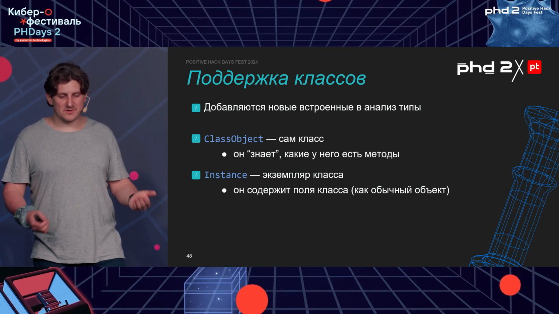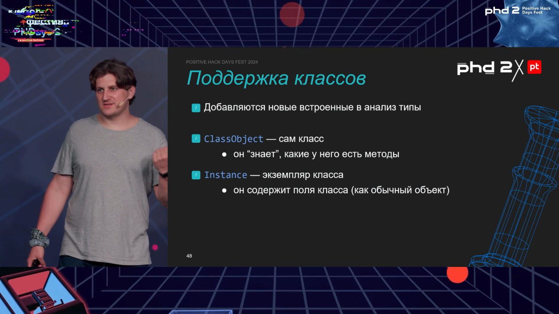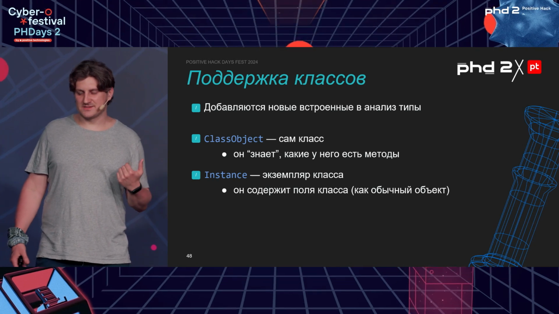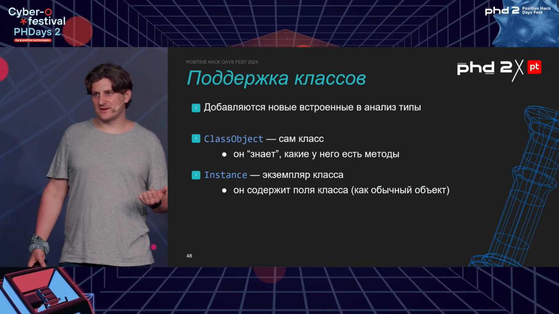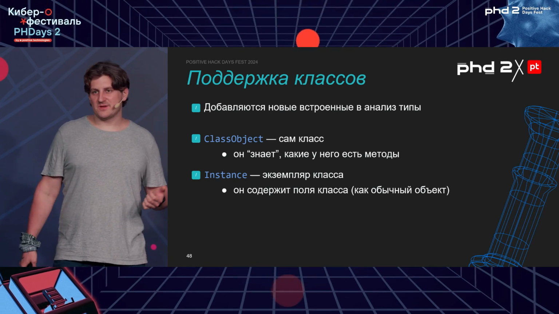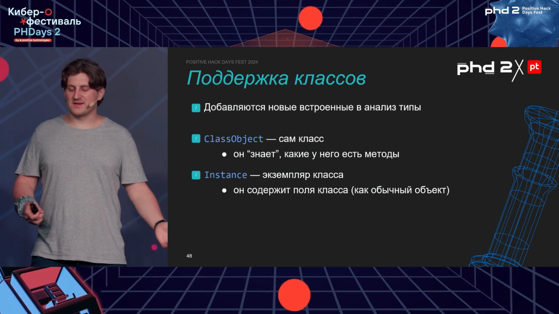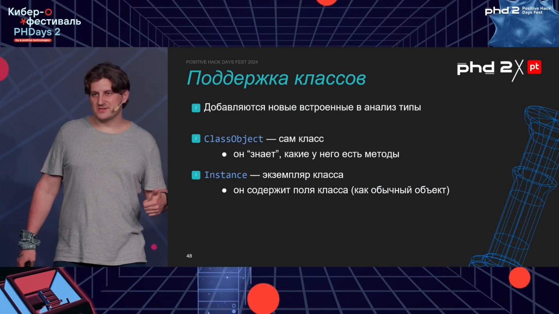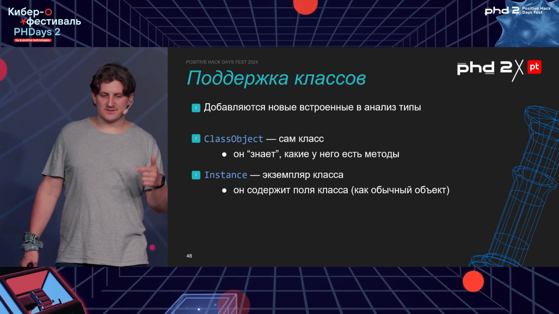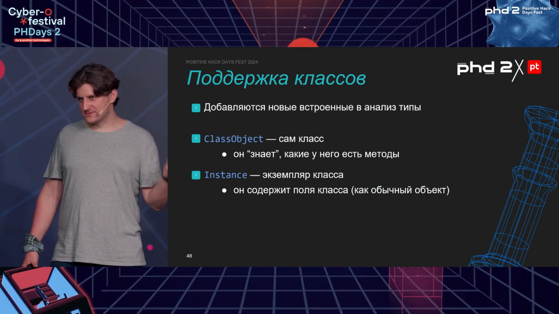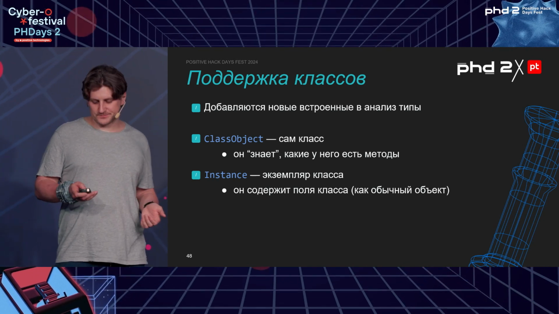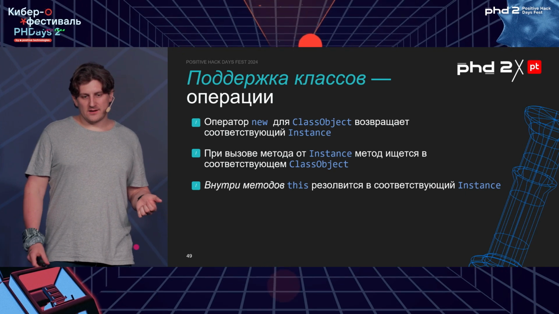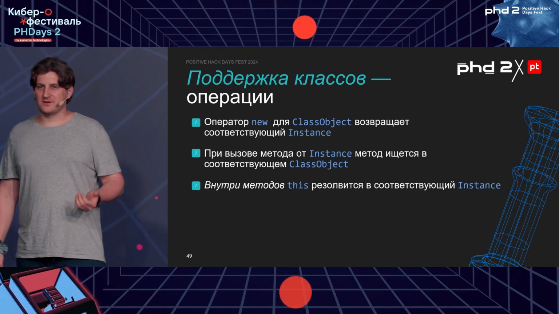And 2 types here. One is class object, which is effectively the class itself, and it contains the list of class methods. And another one is instance, which is effectively a class instance, so it contains regular class fields with data usually. And the two are obviously related. So an instance will effectively know which class object it belongs to, and the other way around.